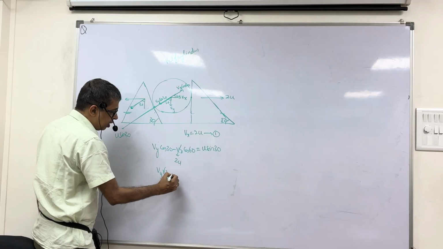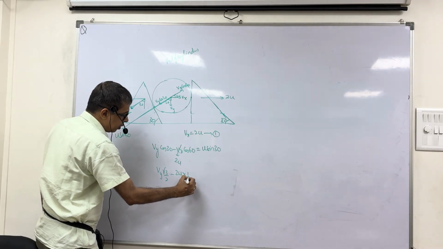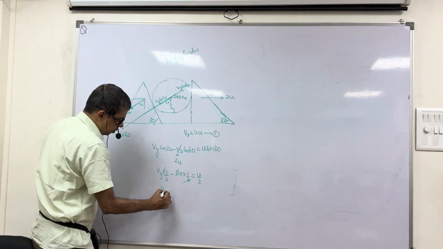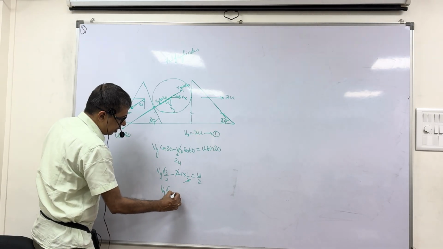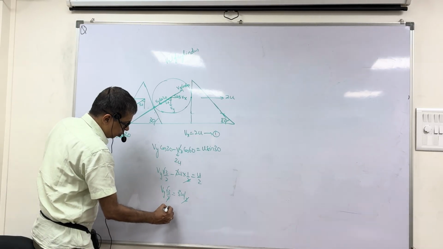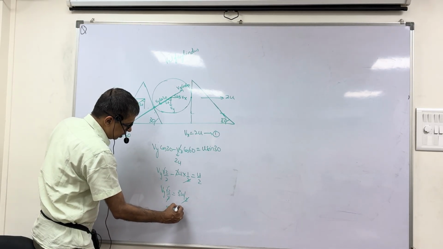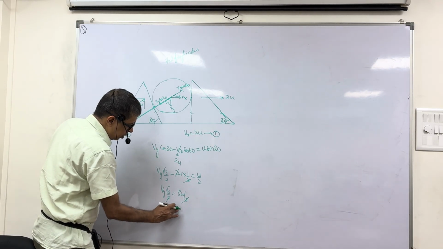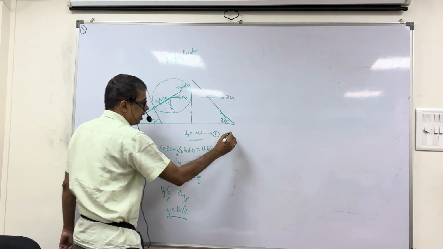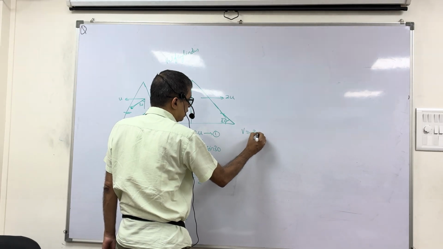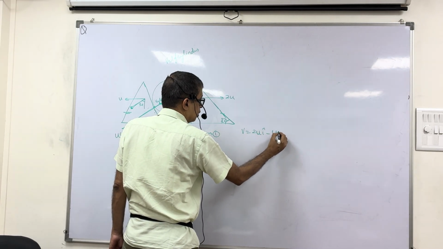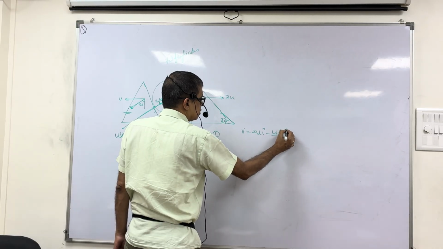Vy root 3 by 2 minus 2u into 1 by 2 is u by 2. Vy root 3 by 2 is 3u by 2. 2 will go. Vy is equal to root 3 u. This is Vy. This is Vx. So velocity of the cylinder is 2u i cap minus u root 3 j cap.